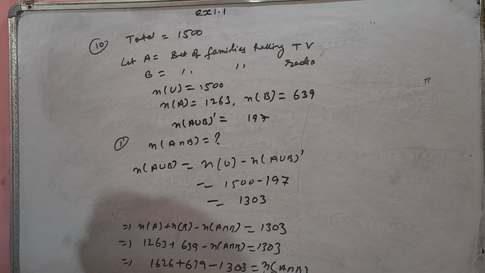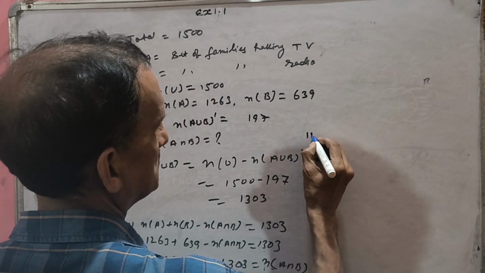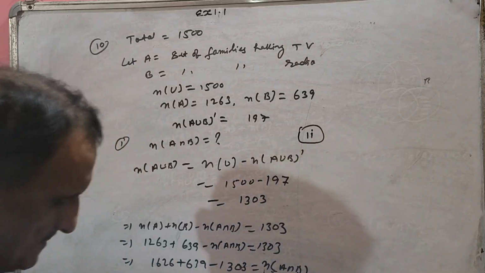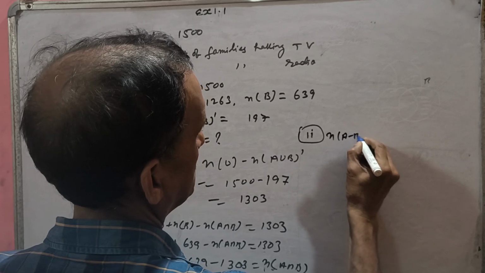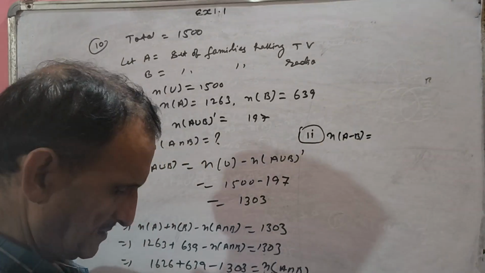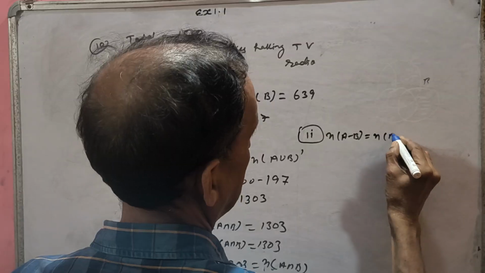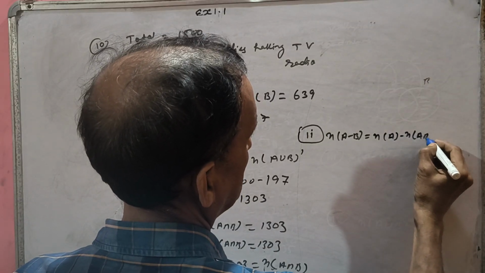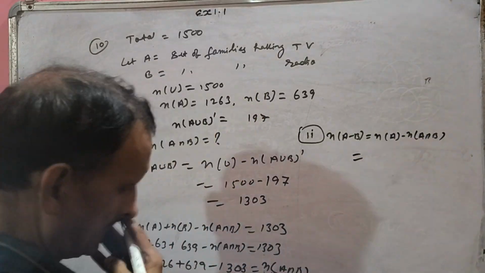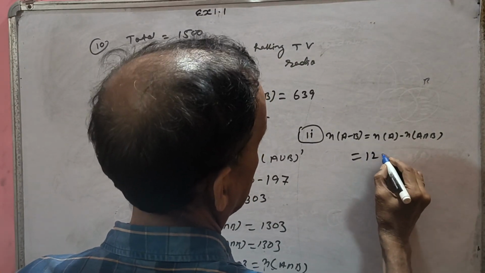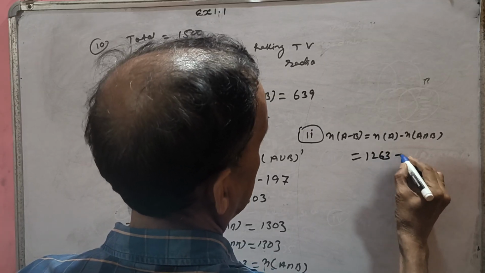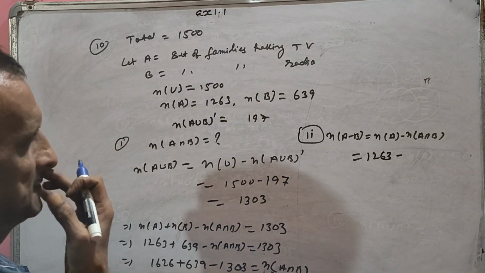In number two, how many families have TV only but not radio? So many times we have done this already. Number two, TV only but not radio, A minus B. Then A minus B equal to, the formula is what? n(A) minus n(A intersection B). n(A) is given 1263, 1263 minus n(A intersection B) we have calculated.